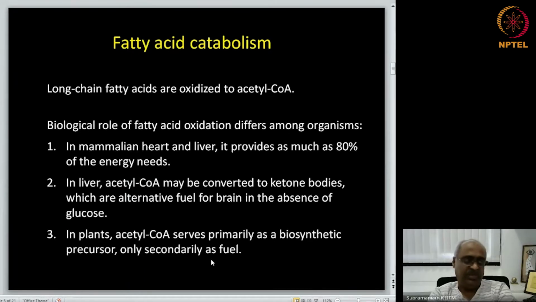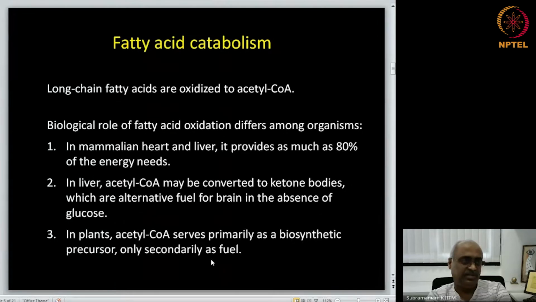We have dealt with carbohydrates in some detail because glucose becomes the central molecule in all of metabolism in terms of the biosynthesis, supply of carbon skeleton to the formation of other molecules, as well as energy production. In all of that, glucose is the central molecule, and therefore we spent a lot of time learning about carbohydrate metabolism.